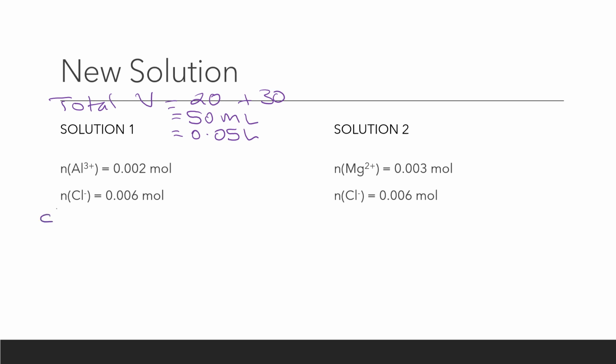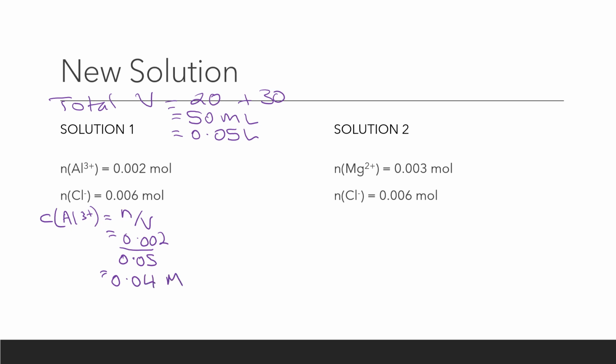So now we can find the concentration of each ion. So the concentration of aluminium ions is equal to number of moles over volume, which is 0.002 divided by 0.05. So this equals 0.04 moles per litre.